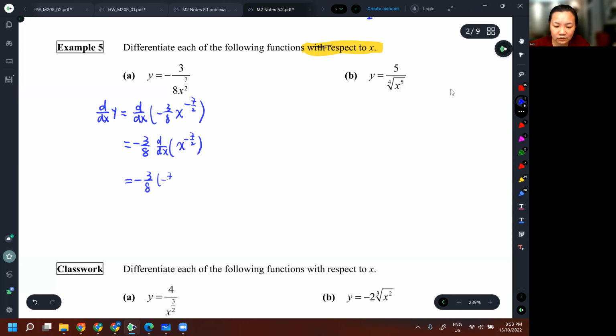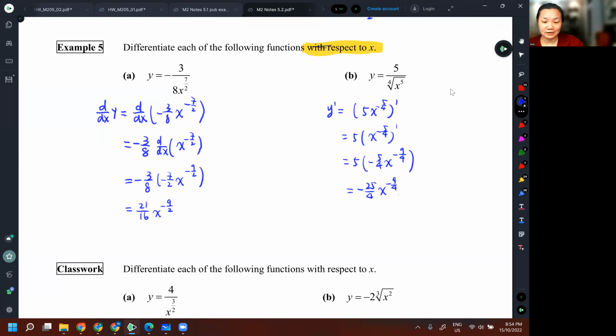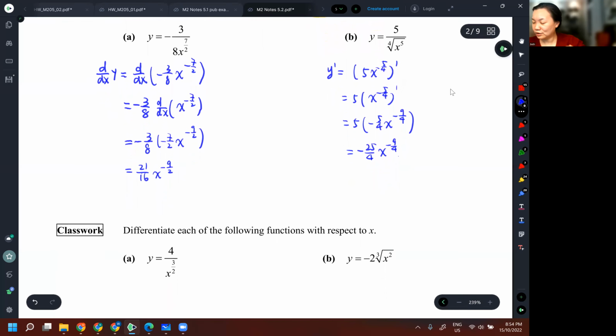And then negative 7/2 x to the negative 9/2, you get positive 21/16 x to the negative 9/2. Second one, y prime, 5x to the negative 5/4, prime. That's 5 times negative 5/4 x to the negative 9/4. Get negative 25/4 x to the negative 9/4. Okay, you do it, and then you tell me what your answer is. When you are done, raise your hand.